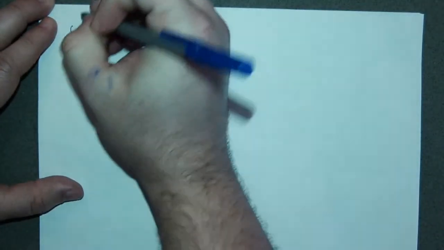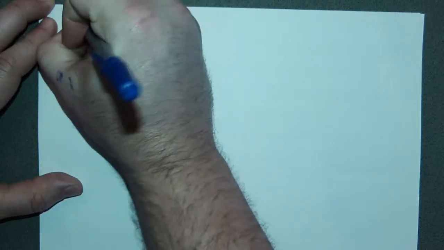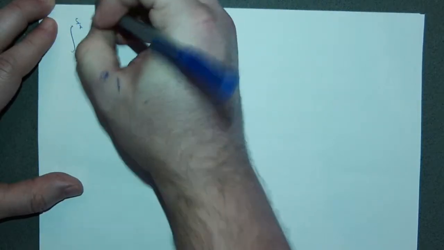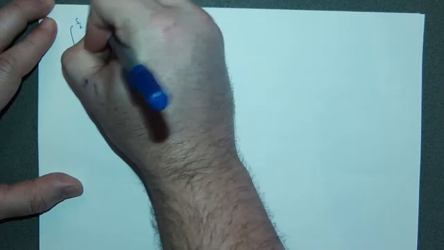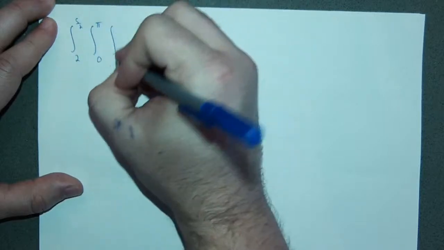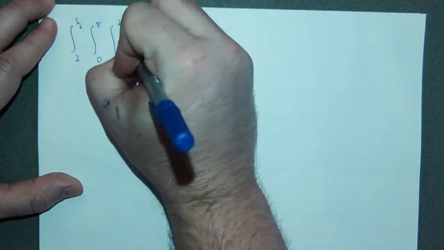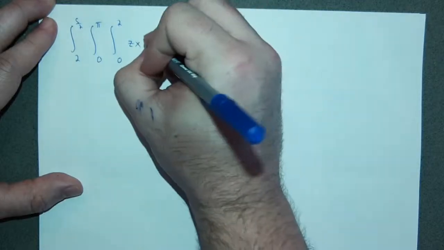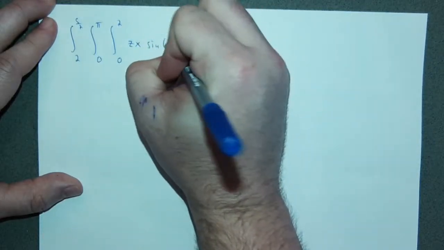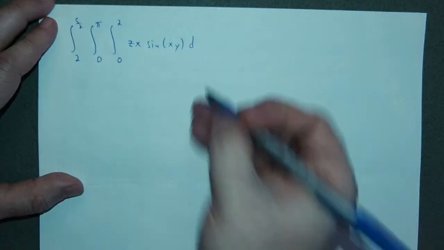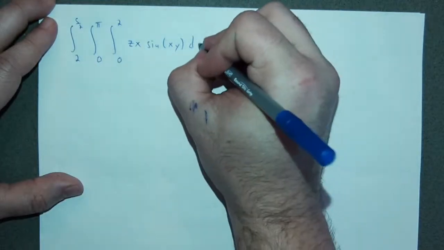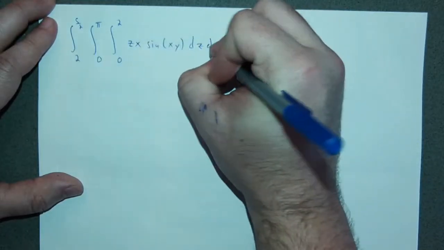The integral I'm trying to compute is the integral from 2 to 5/2, the integral from 0 to pi, the integral from 0 to 2 of zx sine of xy. I wrote dV before, but I actually already know what these are: dz, dy, dx.